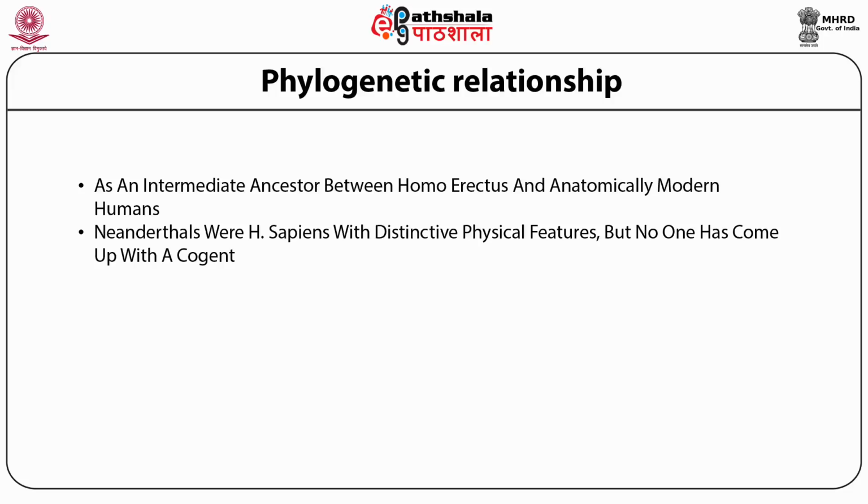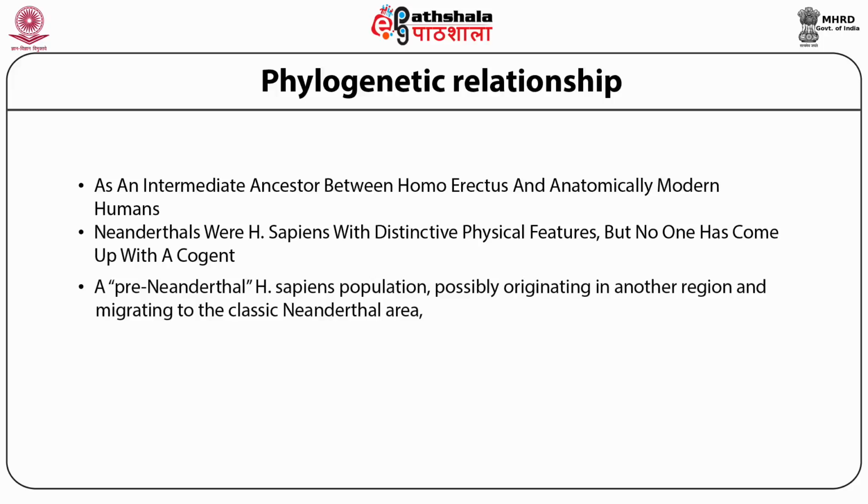They say that a pre-Neanderthal Homo sapiens population possibly originated in another region and migrated to the classic Neanderthal area, and underwent severe natural selection in response to the cold environment of Europe. Such an interpretation might be consistent with the recent molecular testing of genetic material extracted from Neanderthal bone.